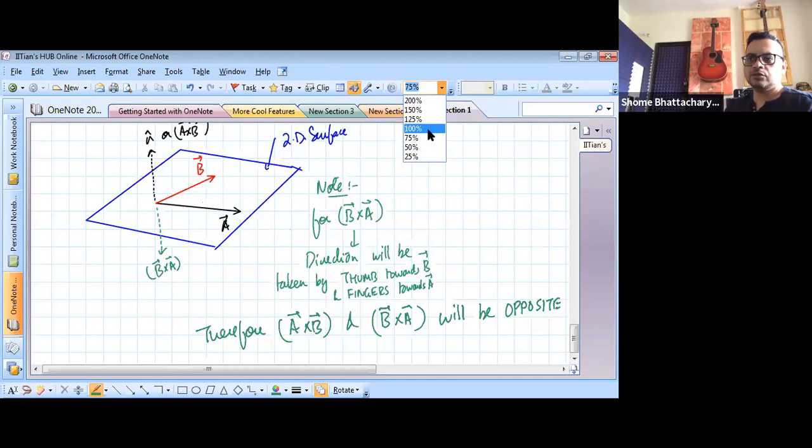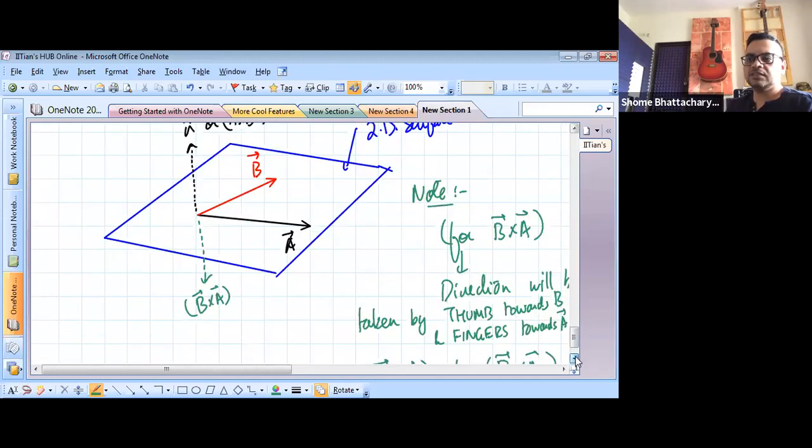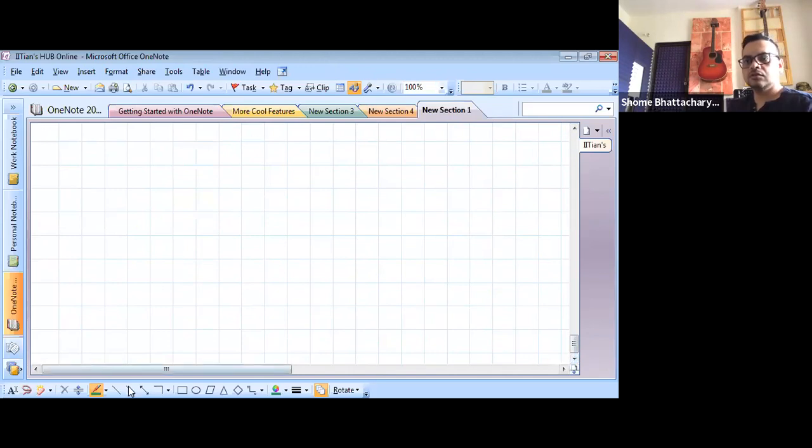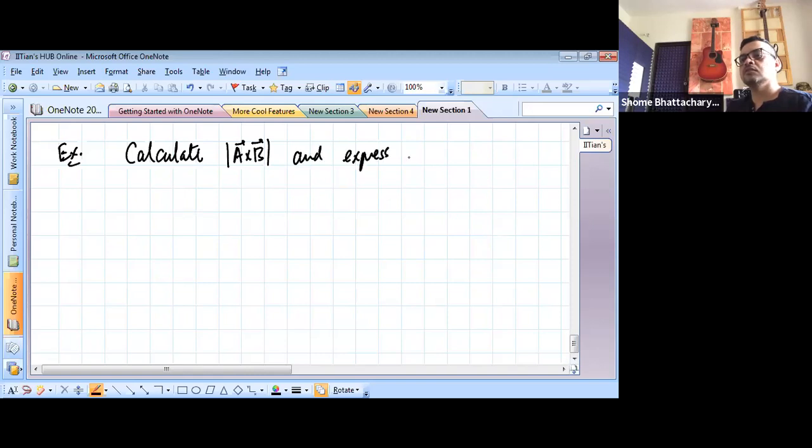Alright, so now let us also do another example where we understand this in more detail. Now calculate mod of A cross B and express A cross B as a vector given this situation.